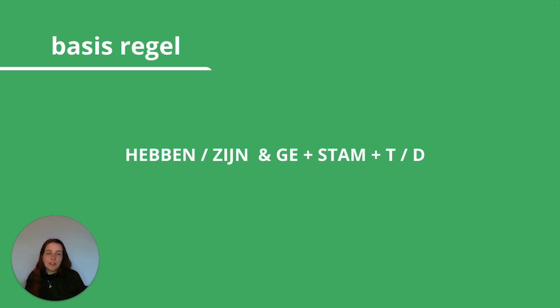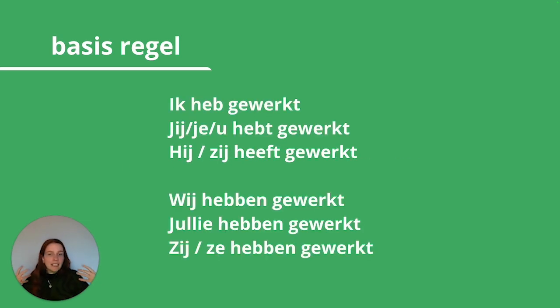So what are we going to be doing with that voltooid deelwoord? We are going to take the stem. We're going to be adding the GE to it and then a T or a D. Let me show you, for example, how we do it with werken. We have our verb werken. What are we going to be doing? We are going to be taking the stem of our verb werken.